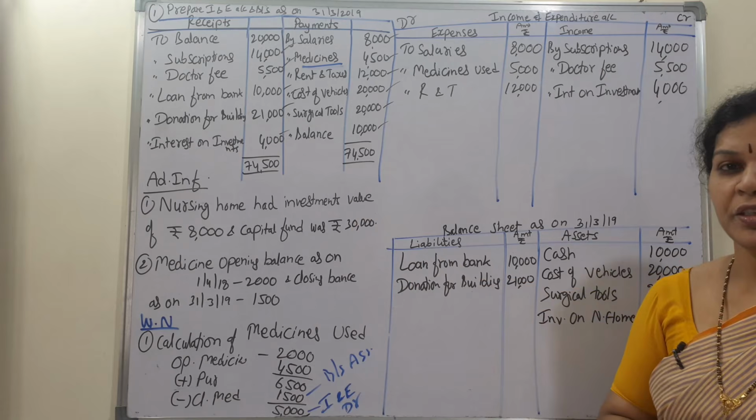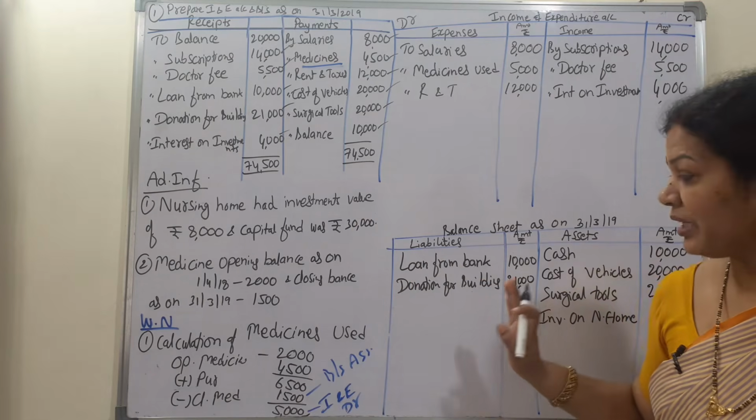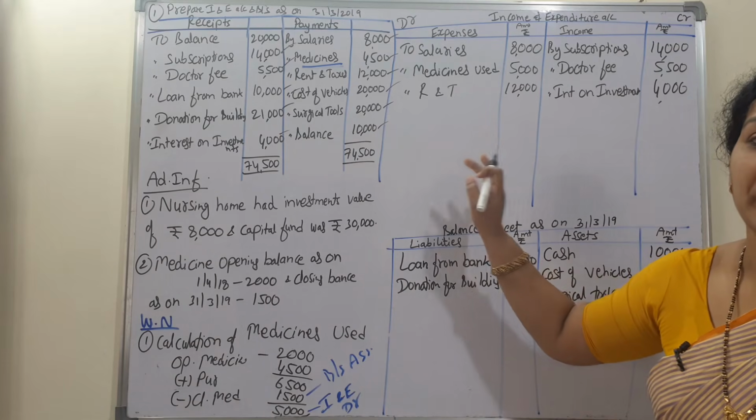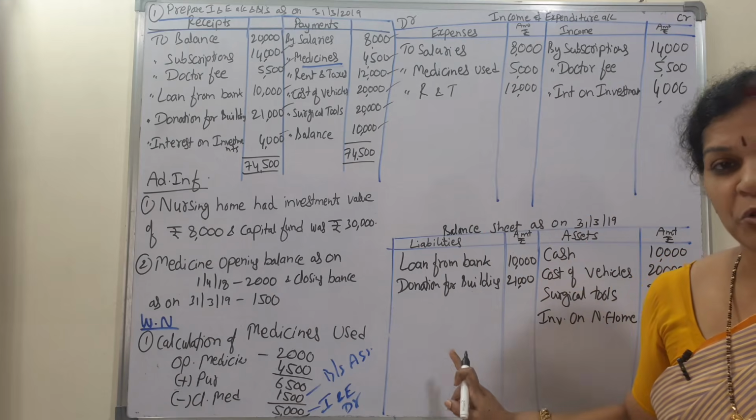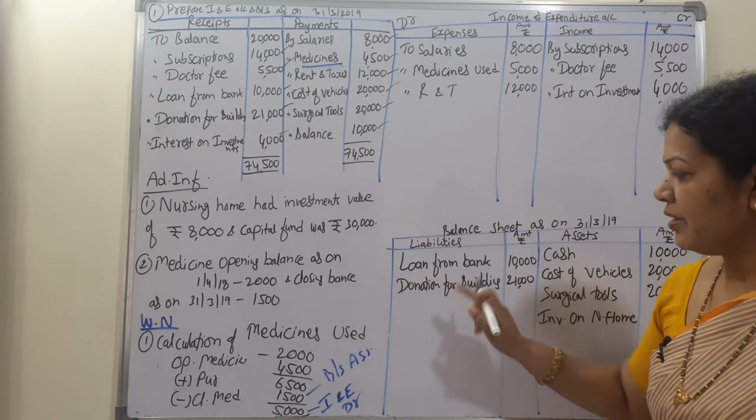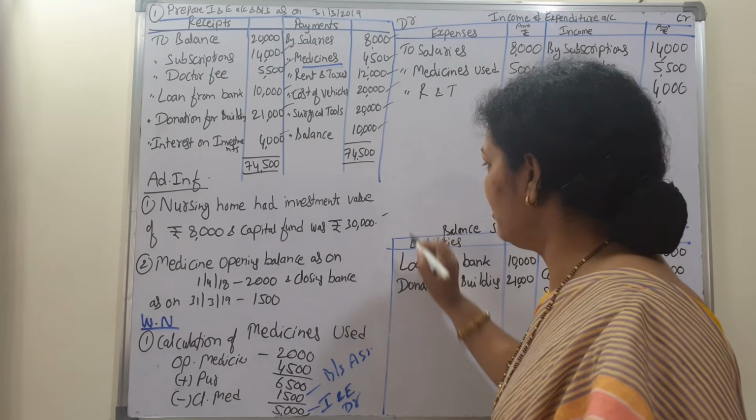Capital fund 30,000. Capital fund, always we have to take the inner column, because surplus or deficit we are going to get from income and expenditure account. That is to be adjusted to the capital fund. So we'll write capital fund 30,000 here.